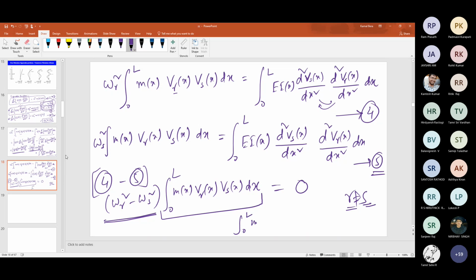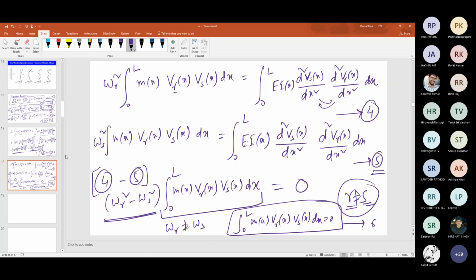Integral from 0 to L of m(x) V_r(x) V_s(x) dx equals 0. That's all. Equation number 6. So that is the orthogonality of the eigenfunctions with respect to mass. Please remember u_r transpose M u_s equals 0 if r not equal to s.